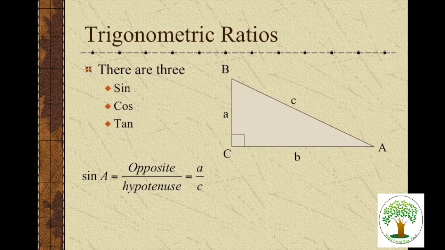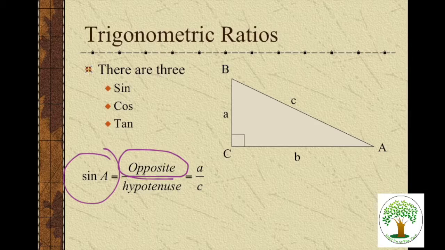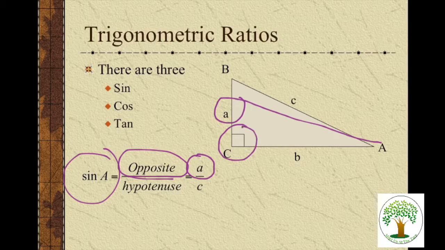In your formula madness you have written down that sine A is opposite over hypotenuse. So I'm going to explain what that means now. We have sine and we have angle A here. So we look at A, which is right there, and I am going to find the opposite of A, which is side a. That's why there's an a right there. And the hypotenuse is the one always opposite the 90 degrees, and it's c.